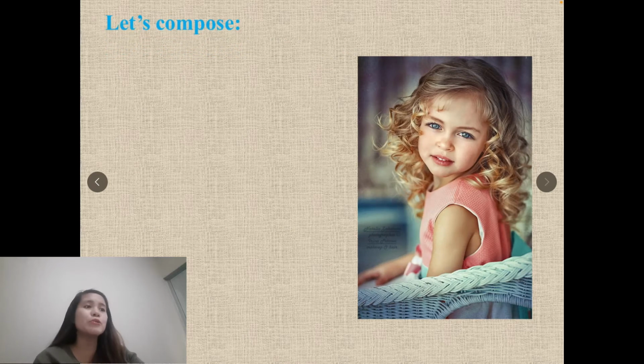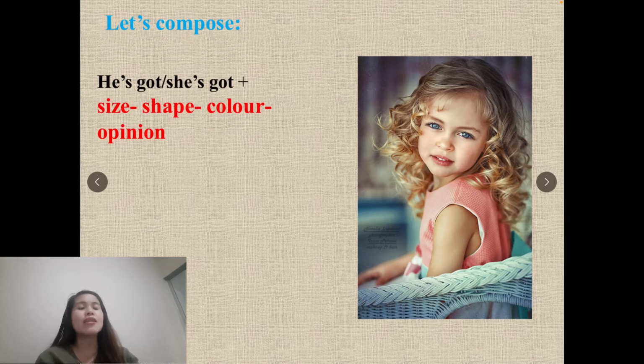So let's compose sentences using the pattern. So you can see this girl. So we have the pattern on how to describe a person. So we have the size, the shape, and the color. Also the opinion, like eyes or hair or the body parts, okay? Remember we have size, shape, color.